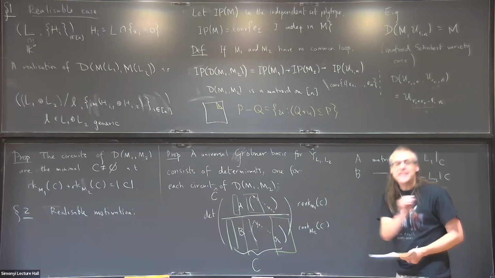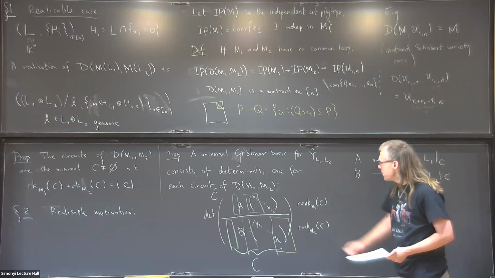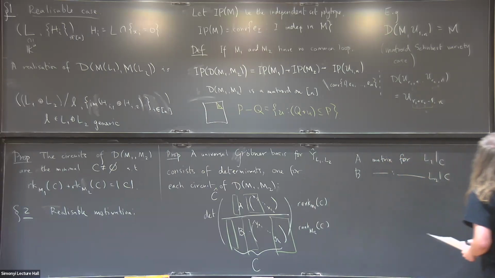I want to tell it to you by faces, but maybe it's worth doing it both ways. So let's define it through its non-faces, and then we can make a theorem about the faces. Okay, so this is the simplicial complex.